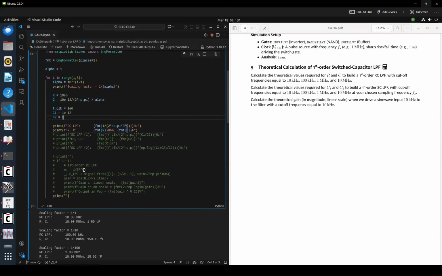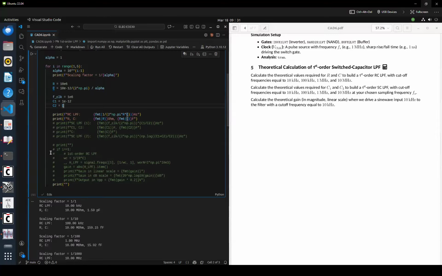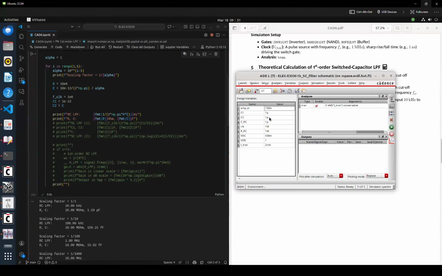Then 10 mega ohm and 1.59 picofarad. So let's say we have C_RC like 9 pico, and R_RC is 10 mega ohm.